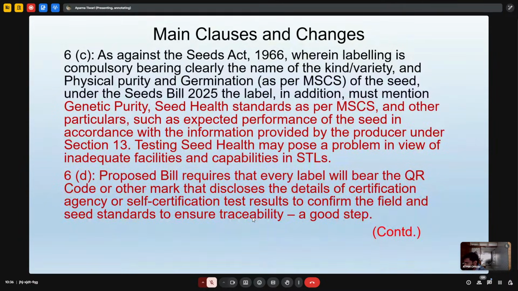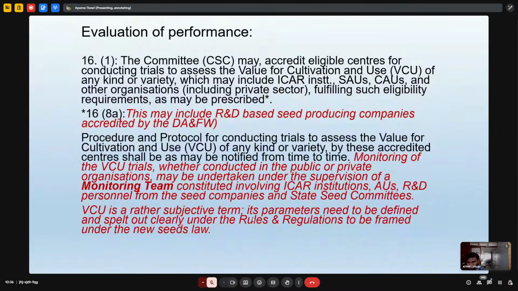I think this is a very good step and a very pro-farmer step, because now the farmers will be more reassured about the quality of the seed, and they can trace back where the seed was certified, how it was certified, and so on. So this again is a very farmer friendly clause. Next one, please.